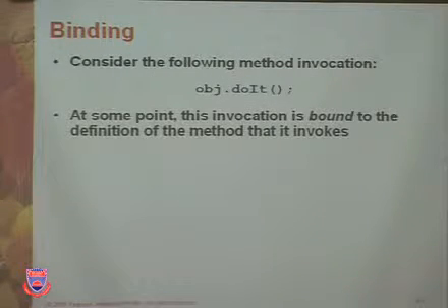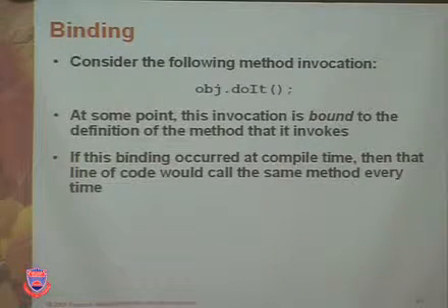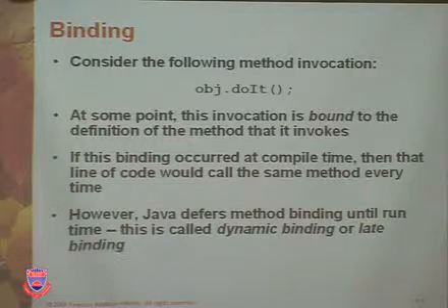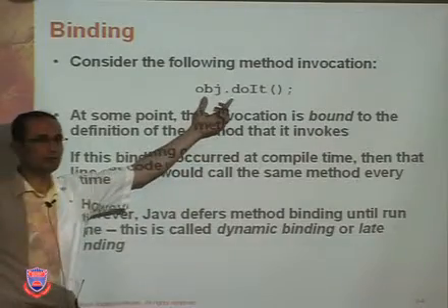So, polymorphic references. When we say polymorphic references, one of the main important things is binding. Binding is what we mean by a method when we call the method. So for example, whenever you say object.doIt, what does this mean is actually bound to the doIt method.